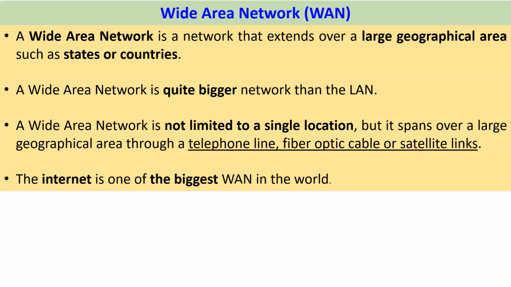There are some places that are very difficult for a human being to reach. In that case, satellite links are the most suitable. Otherwise, they use fiber optics or telephone lines. Here the example given is that the internet is the biggest WAN in the world. The internet is the best example for a wide area network system.